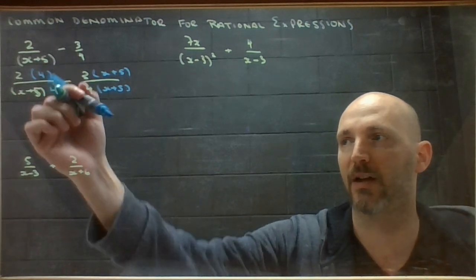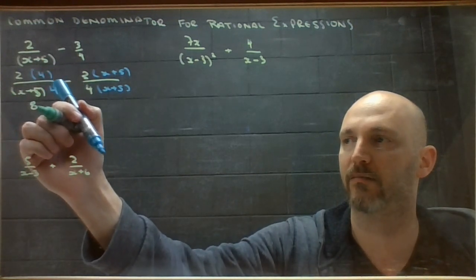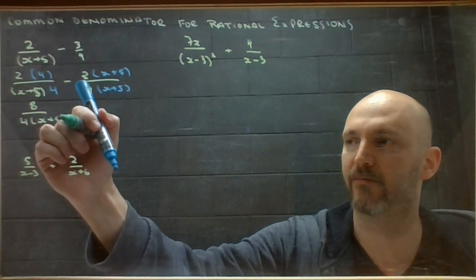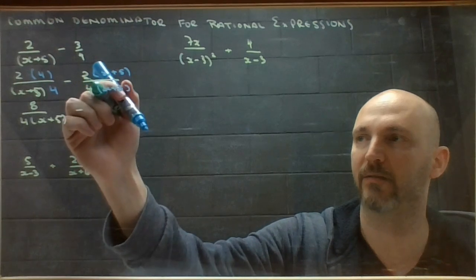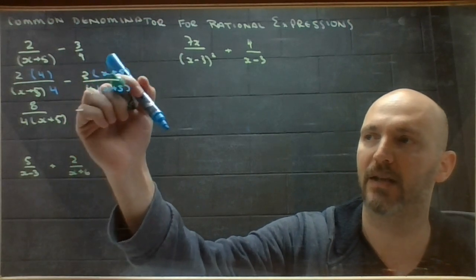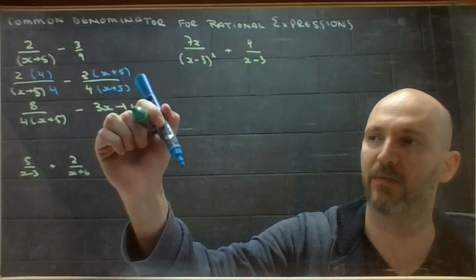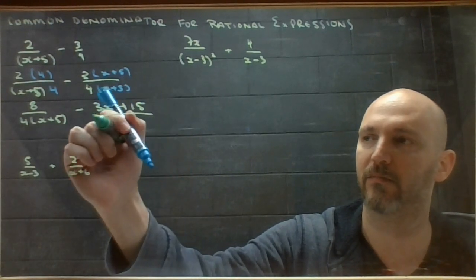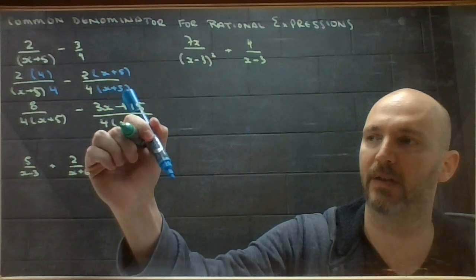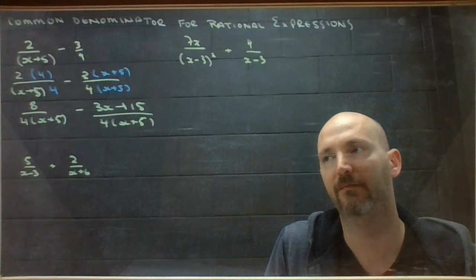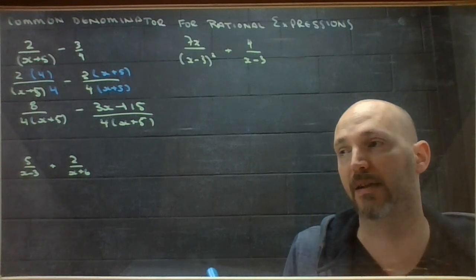Will give me 2 times 4 is 8. 4 times x plus 5. Subtract. 3 times x would be 3x. 3 times 5 would be 15. For 4 times x plus 5. I can write that all as a single fraction.